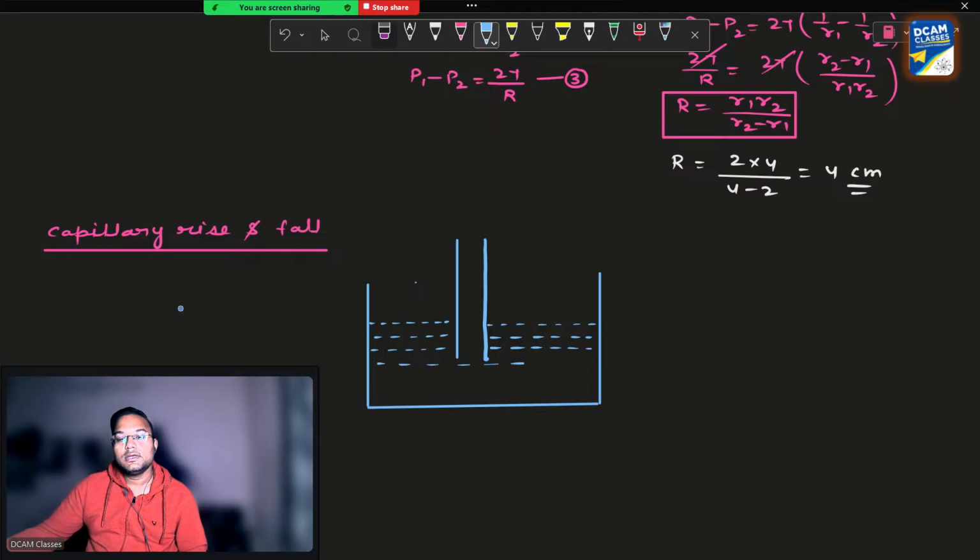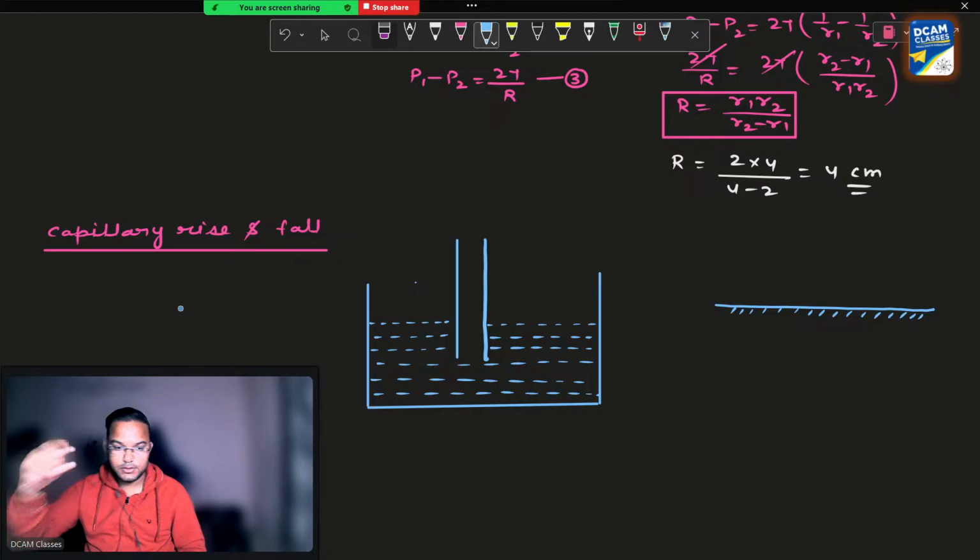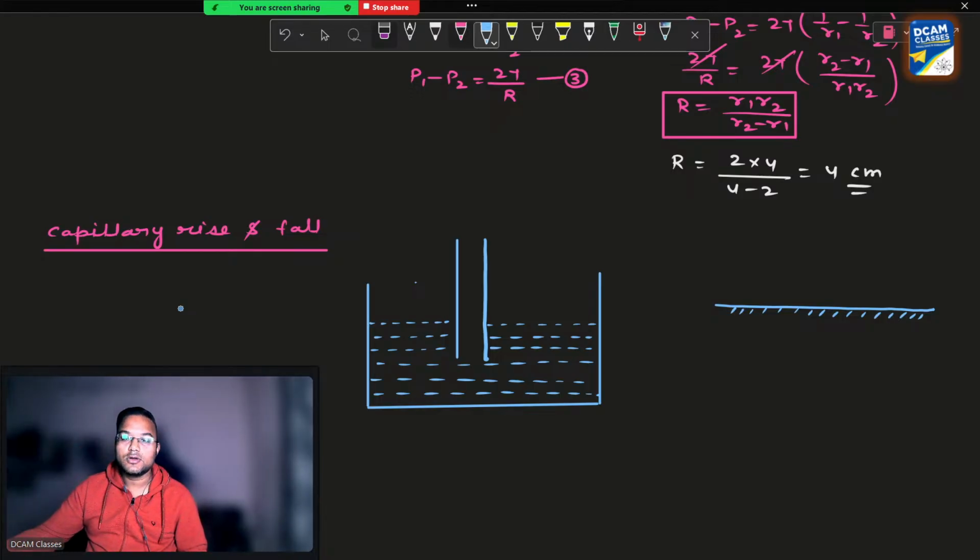Now, I need to tell you what is angle of contact. You need to understand what is angle of contact. If this is the surface, water, how it spreads. If you drop a water droplet, the water droplet will try to spread.